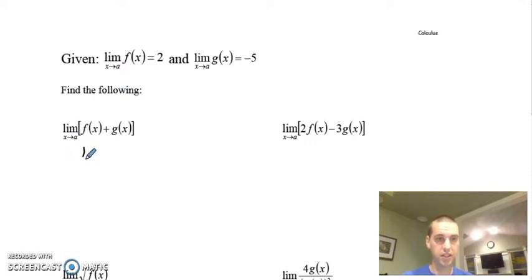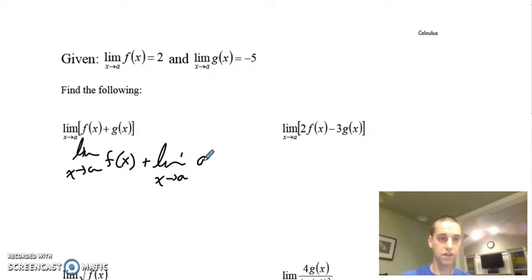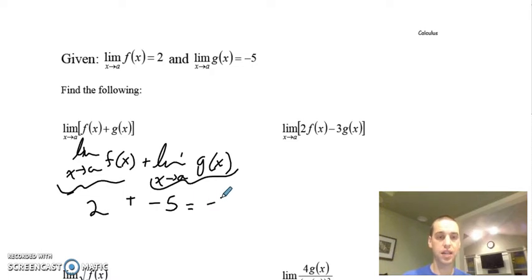So we can write this out as the limit as x approaches a of f of x plus the limit as x approaches a of g of x. We know that using the summation rule. Now we know that this entire thing is 2 plus that entire thing, negative 5. Now we can say the limit of that equals negative 3.